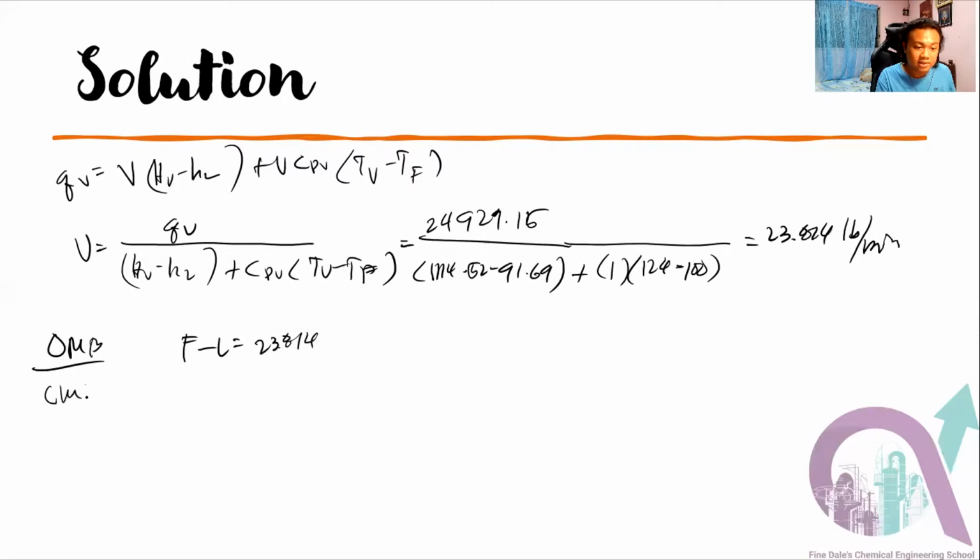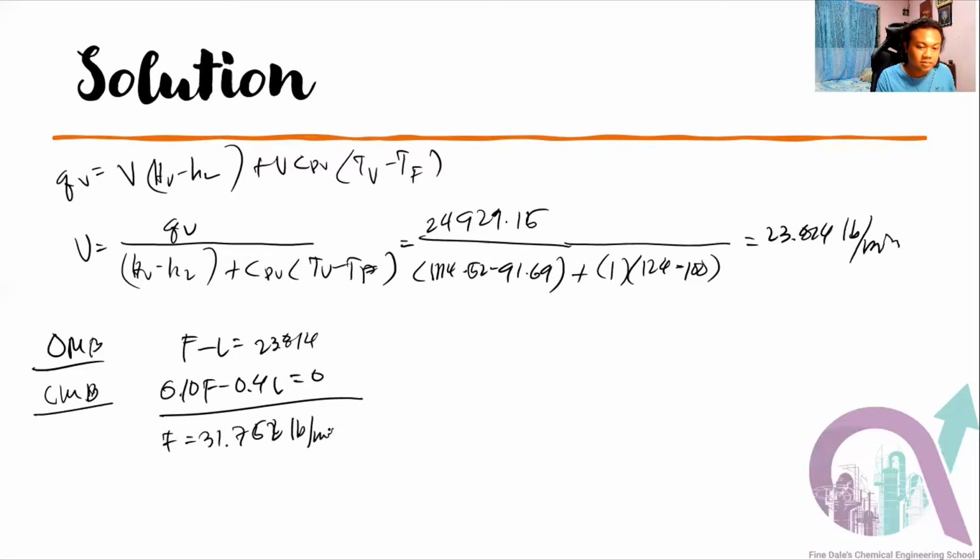You have your component mass balance is equal to 10 minus 0.4, then L 0, F is equal to 31.752 pounds per minute, and then you have your thick liquor L, 7.38 pounds per minute.